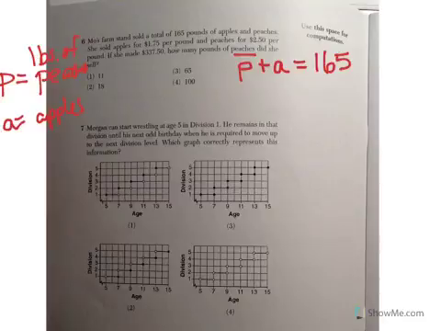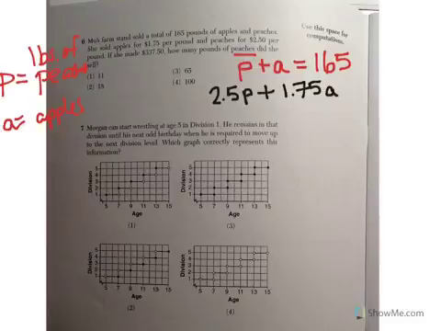So the cost of peaches is $2.50, so I'm going to have 2.5p plus the cost of an apple per pound, 1.75a, equals the total money, which is $337.50.